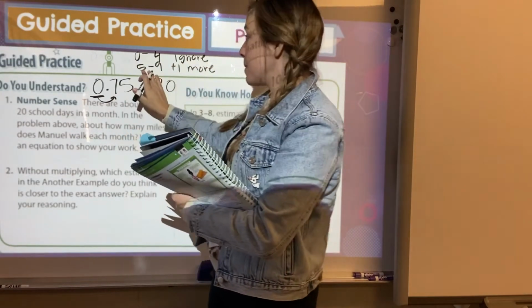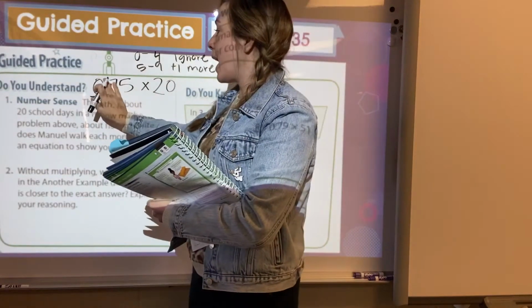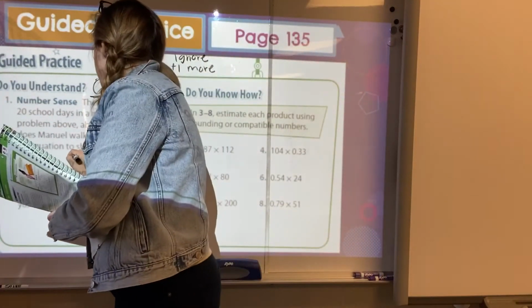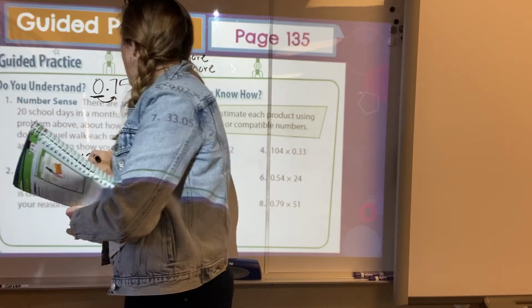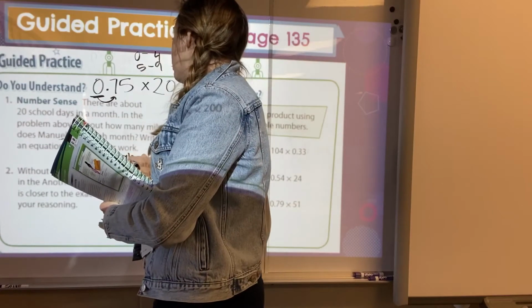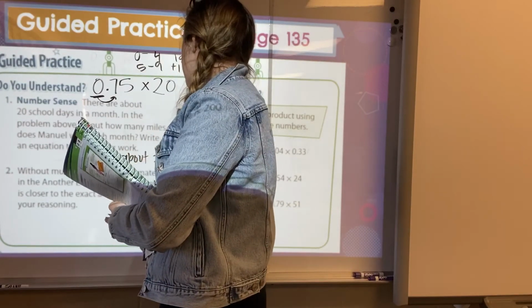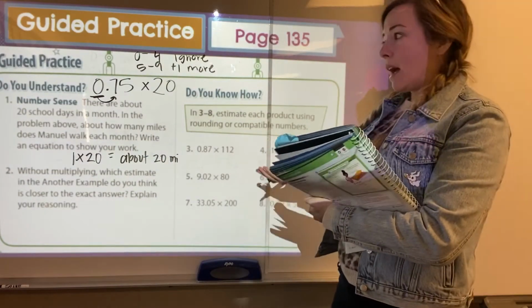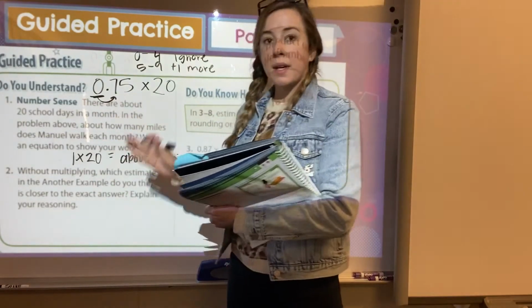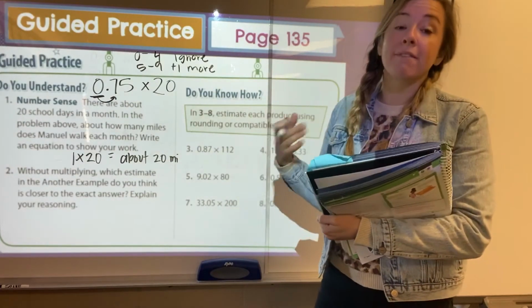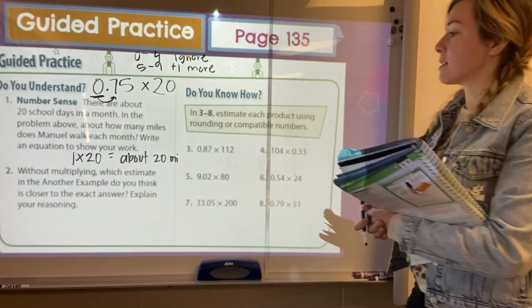So my 7 is between 5 and 9. So I need to add 1 more to the 0. So 0 plus 1 is 1. So what I'm going to have here is 1 times 20, which would be about 20 miles. And then we'd be done. Now, it's going to be an overestimation because we went up a quarter of a mile, but that's okay because we are estimating and finding a close or approximate answer.